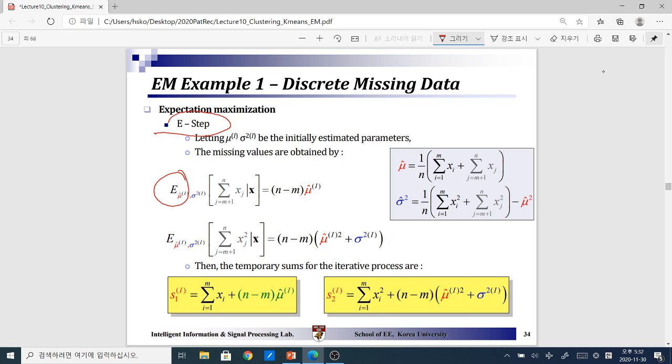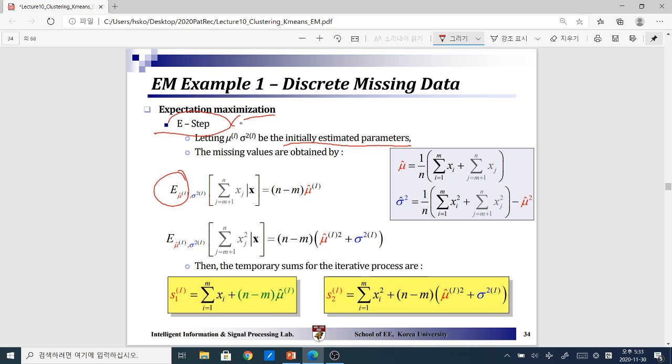And before we do that, by the way, the expectation procedure is going to require some initial values. So we need to assume some initial values to start off, and then estimate the parameters.